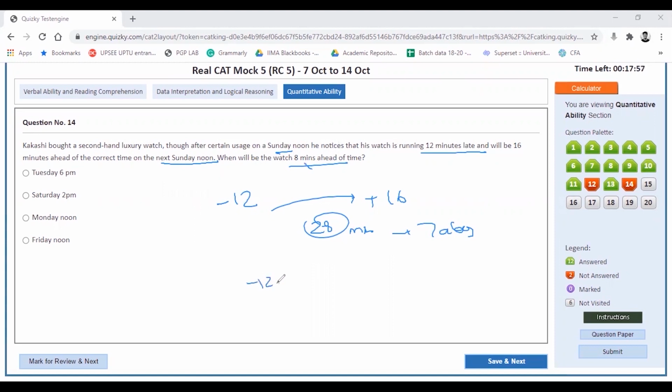So minus 12 to plus 8 is a difference of 20. For 4 minutes you need 1 day. For 20 minutes you need simply 5 days. That is Sunday to Friday noon. So option D is the answer here.